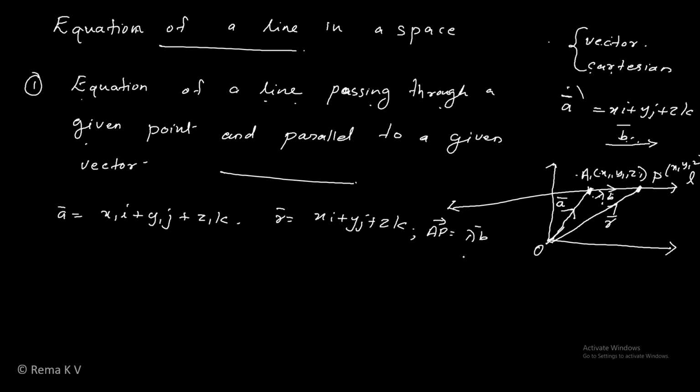And this B in component form, let us write this as ai plus bj plus ck. This is the component form of vector B.